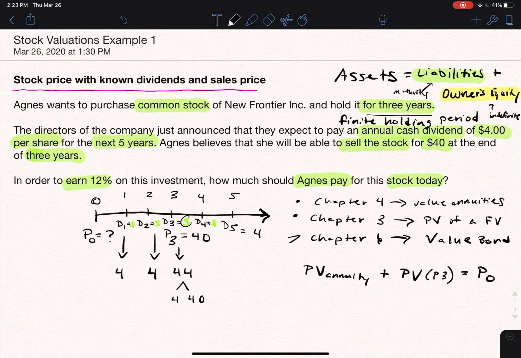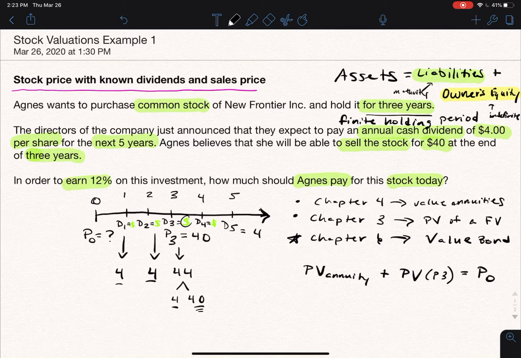So I could say, well, that's really similar to having coupons of $4 a year for the next 3 years with a face value of $40 that I'm going to receive at the end. And that's the method that I'm going to use, but just know that you have to have all of the information that you were given in this example. You have to have all of it to be able to value a stock the same way that we value a bond. And then, of course, in future examples, I'll tell you when you can't use this method. But for this particular example, that's exactly what we're going to do.